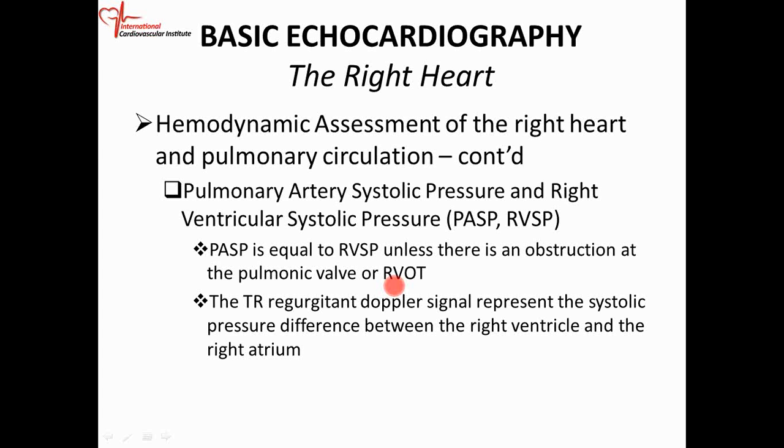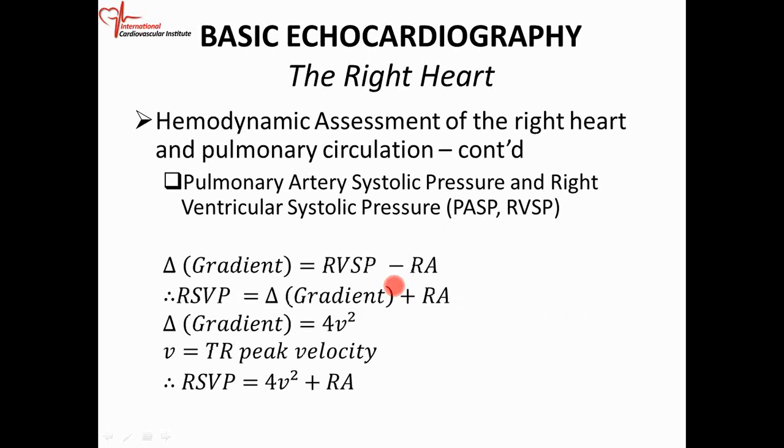And we went over why you get TR, because there's a pressure difference, and there is a gradient. The gradient is equal to the pressure in the right ventricle minus the pressure in the right atrium. That's the gradient. And the modified Bernoulli equation, the gradient is 4v squared, where v is the velocity.